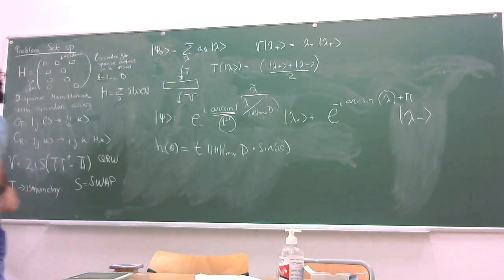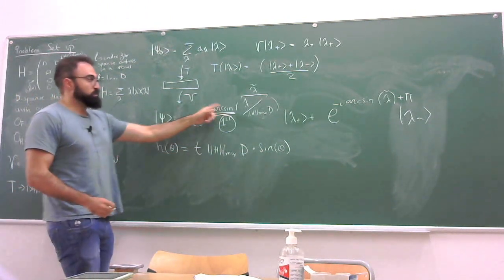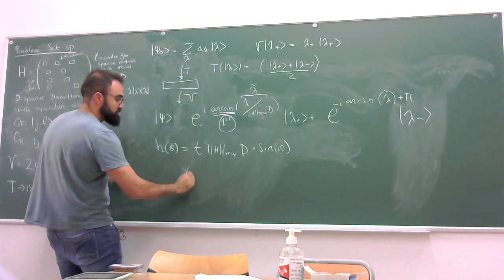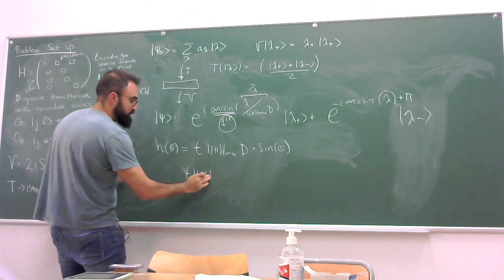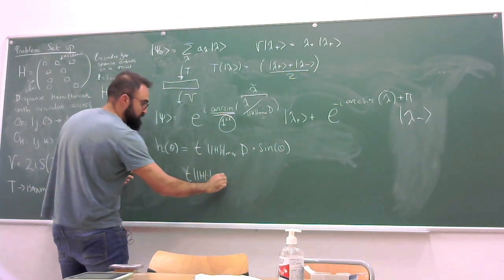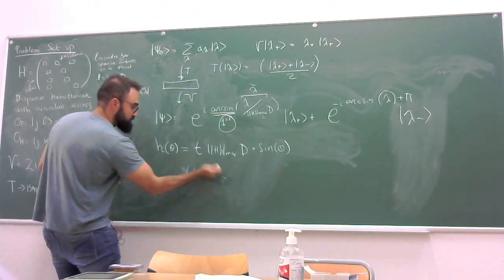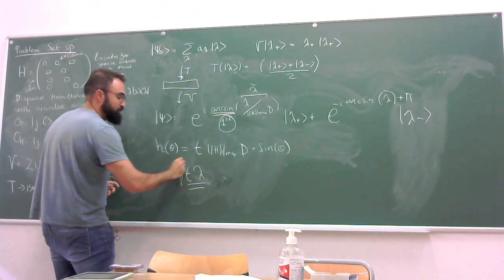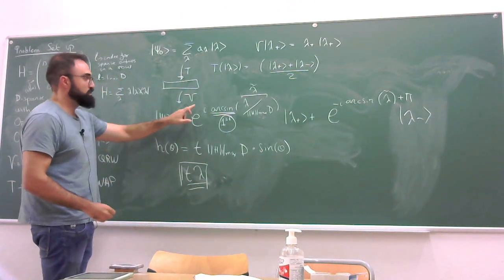If we were able to apply this transformation to the phases, when we apply it to the first one, we are going to obtain lambda. That's the result of applying the transformation.